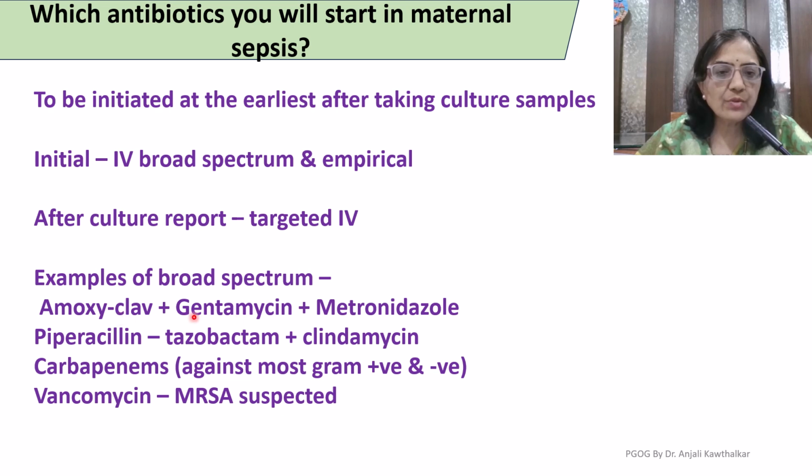This is for gram positive, this is for gram negative, gentamicin, and metronidazole for anaerobes, or we can even give clindamycin or piperacillin tazobactam along with clindamycin, or we can start carbapenems, which are very effective against most of the gram positive as well as negative organisms. And if we are suspecting methicillin resistant staph aureus infection, vancomycin should be initiated.